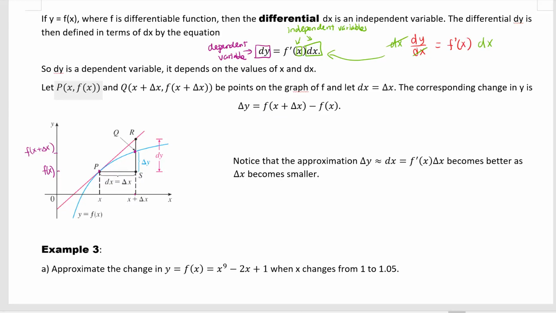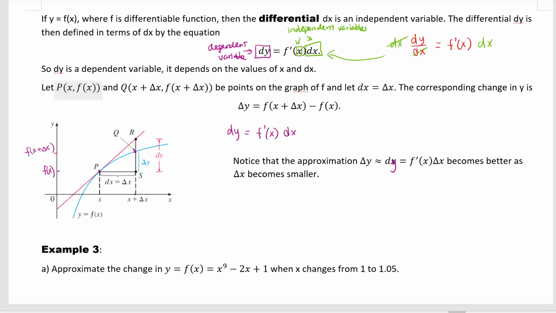Okay, now what is dy? Well, because we know dy is f prime of x dx, that's why we get a linear function, okay? So this is dy, and you can see when change of x is getting close to 0, dy and change of y are very similar.